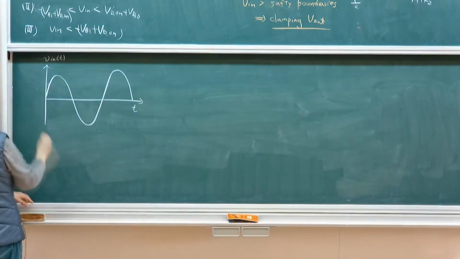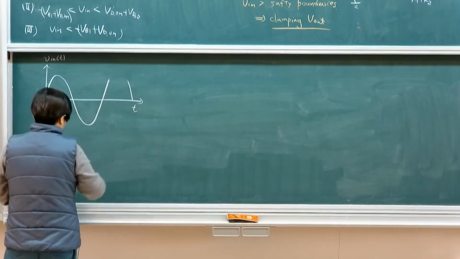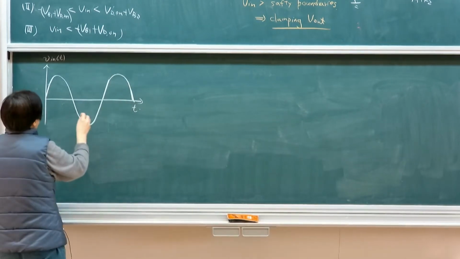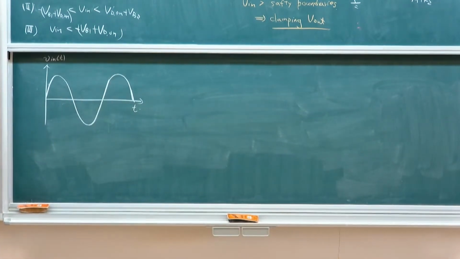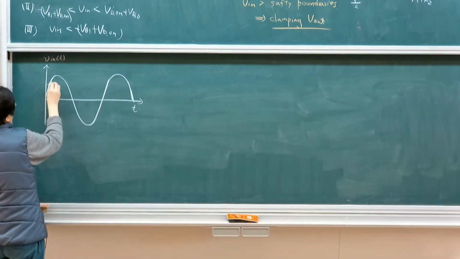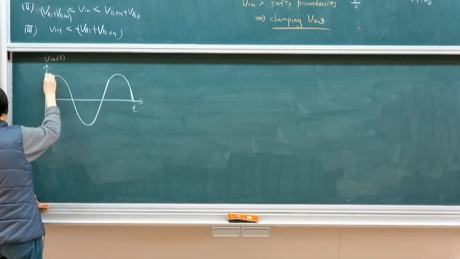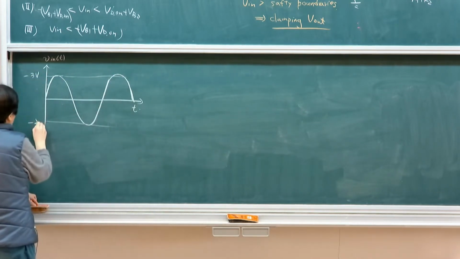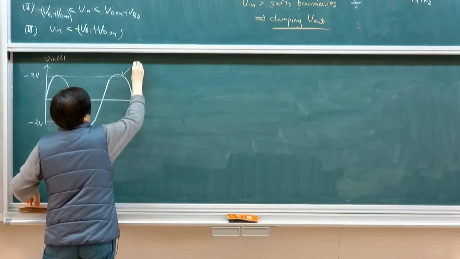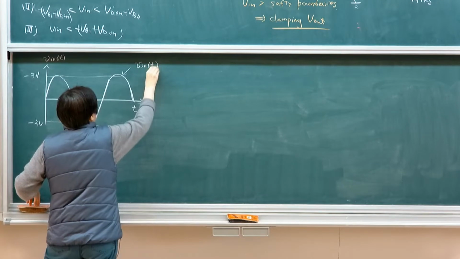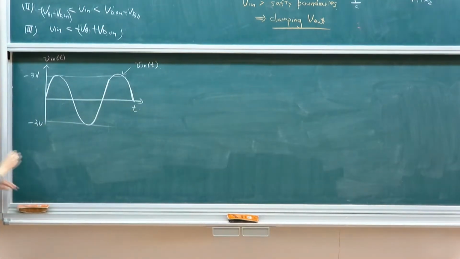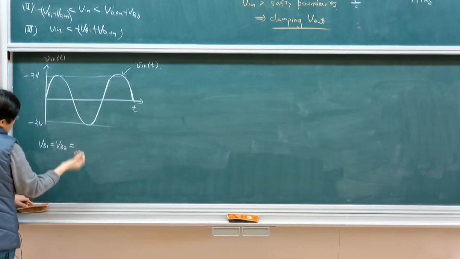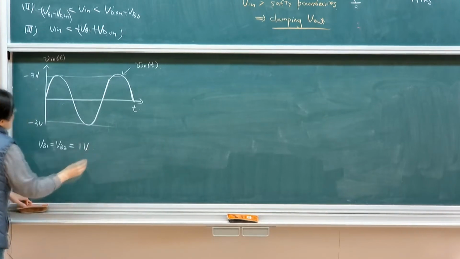So if this is my Vin, I'm not drawing very well. Let's say I'm setting my boundary with a simple circuit, just setting it with VD on. So then you will see that this is 3 volts, minus 3. The white line is my Vin as a function of time. So let's say I'm setting my VB1 equal to VB2, and if it's symmetric, I'm setting it to 1 volt.